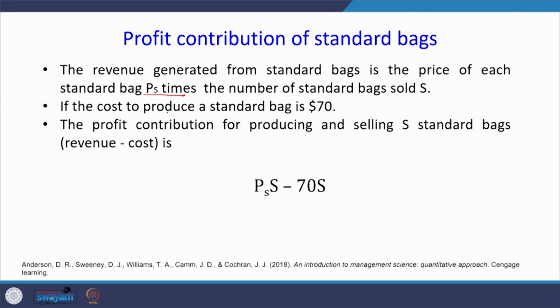If the cost to produce a standard bag is, say, $70, then the profit contribution for producing and selling S standard bags is revenue minus cost. The revenue is price multiplied by demand of standard bags, minus the cost multiplied by demand of standard bags. This component is revenue, this component is the cost, and this gives you the profit contribution for the standard bag.